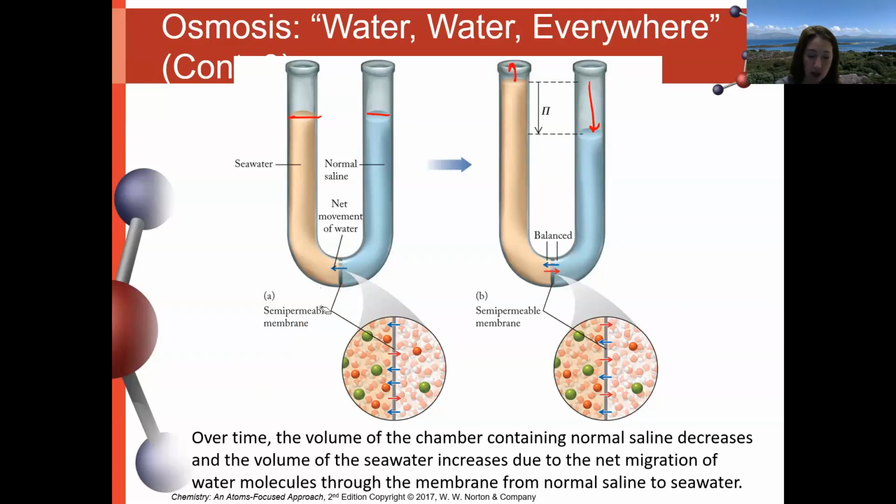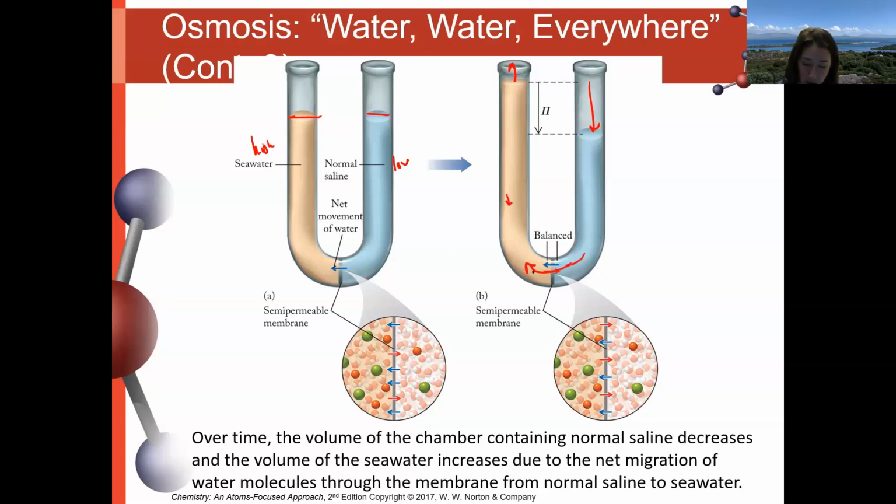Right? So again, it's trying to get both of these to have the same concentration, and the only thing that can move through is the water. And so this one had a lower concentration of salt. This one had a higher concentration of salt. It wants it to be the same. So all the water can do, if the water moves this way, is decrease that concentration, right?